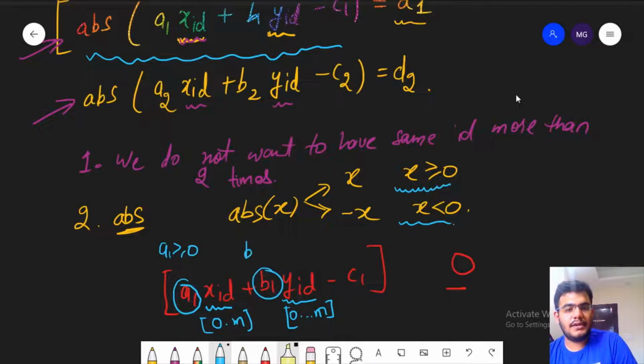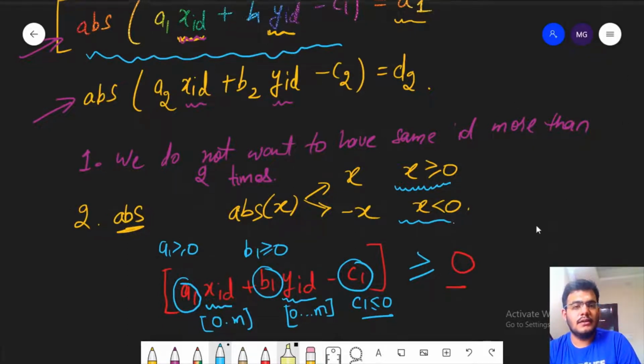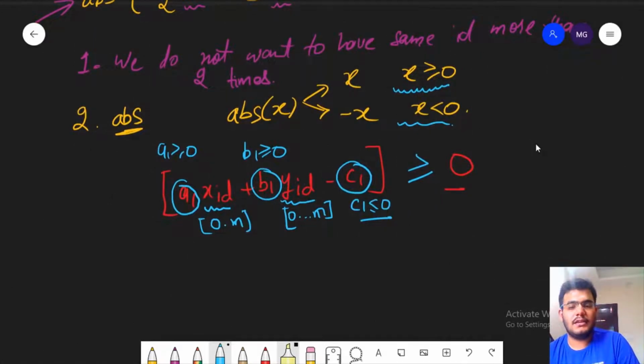Similarly, we take b1 greater than or equal to 0, and c1 less than or equal to 0. In that case it is ensured that this term, a1 times xid plus b1 times yid minus c1, will always be greater than or equal to 0, because each of its terms is positive, and as we are adding these terms, it will be overall positive as well. So we can ensure that this term will be greater than or equal to 0.